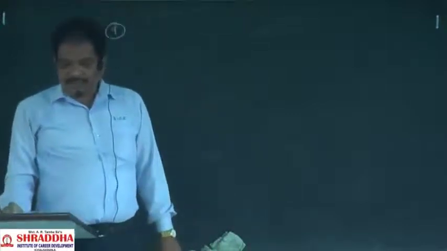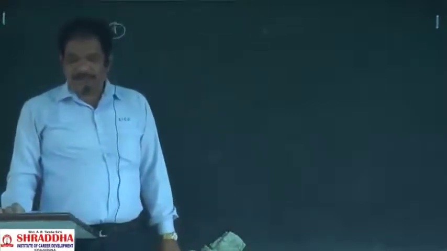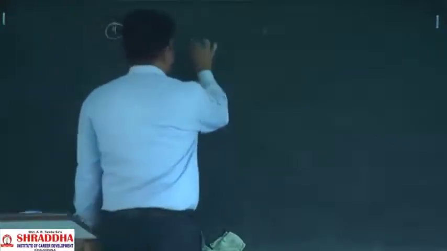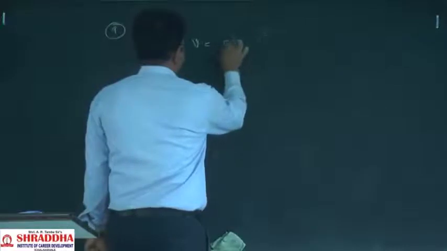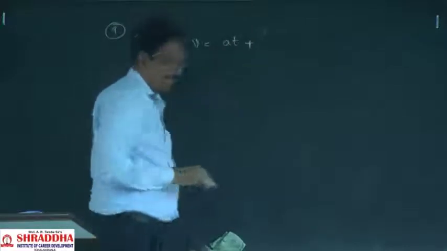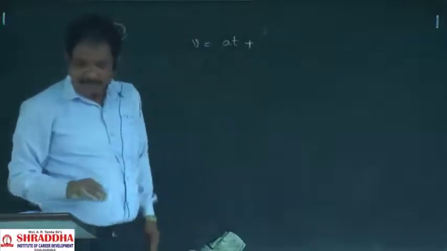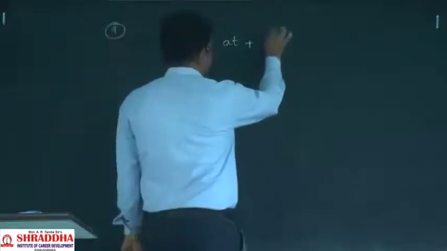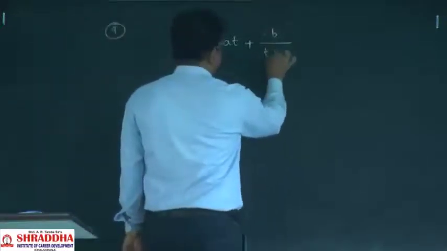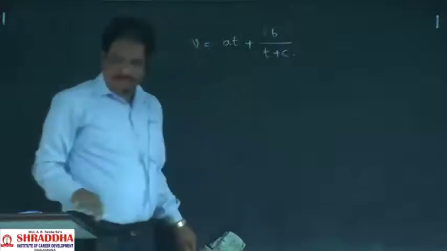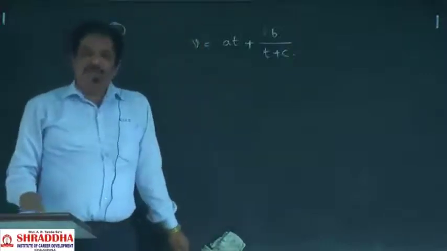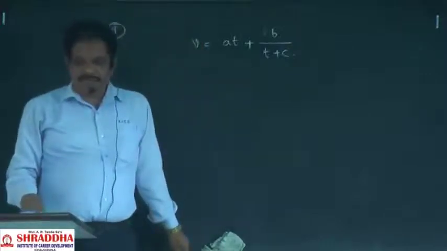The velocity of a particle at time t is given by v is equal to at plus b by t plus c, where a, b, c are constants.